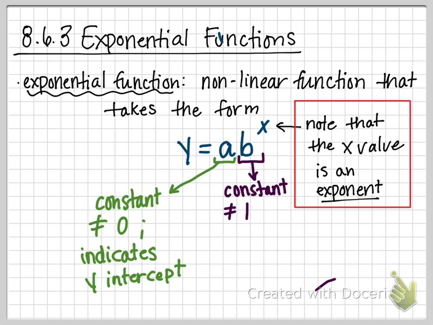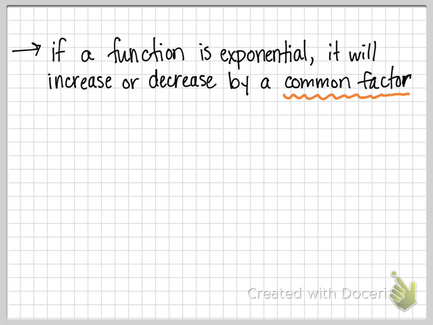Okay, so let's look at some more here. When we were talking about linear functions, we could look at a table and determine if the relationship was linear. Remember, they had a common difference.